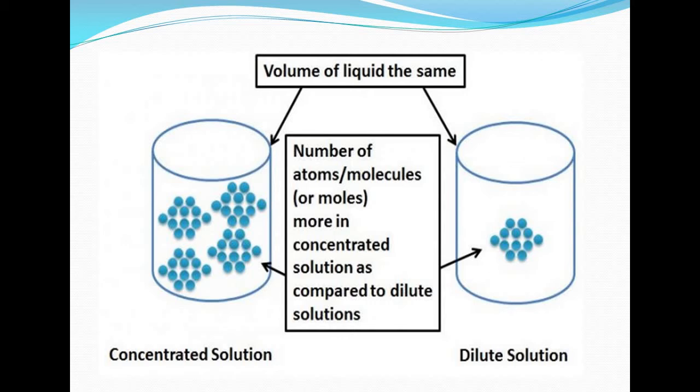The first glass, which has 1 tablespoon of sugar, is less sugary. Why? Because it has less concentration of solute, so it is a dilute solution. In a dilute solution, comparatively the solvent is larger, a small amount of solute is dissolved in that fixed amount of solvent, and the solvent seems to be in a larger quantity.